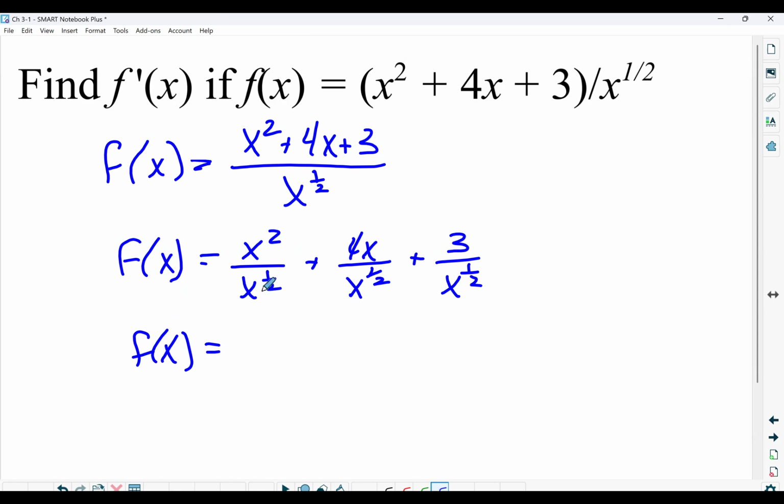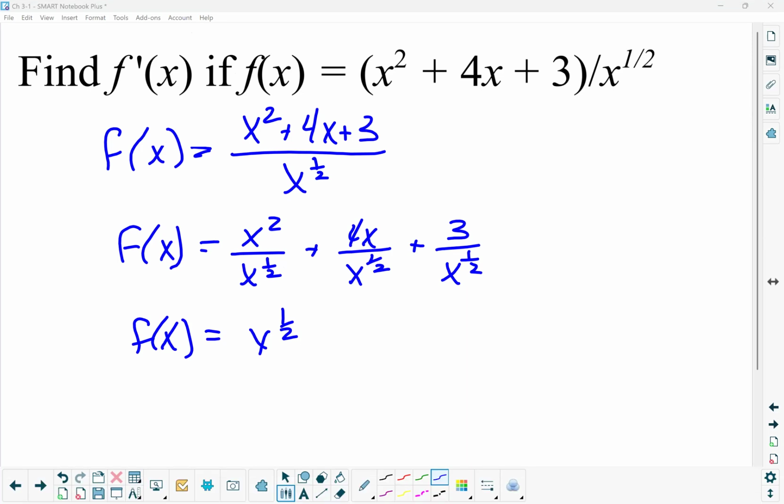X squared divided by x to the 1/2. Subtract our exponents. This would give me x to the 1/2. I'm sorry, that would give me x to the 3/2. 4x divided by x to the 1/2 would be 4x to the 1/2.